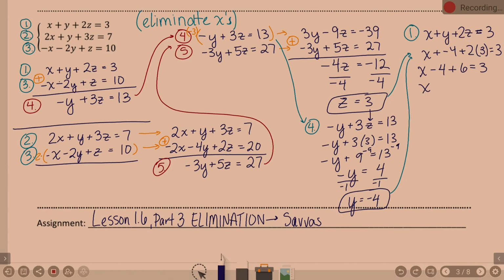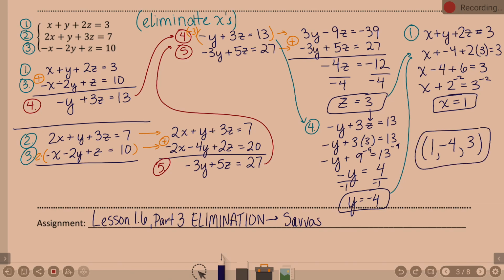Minus 4 plus 6 is going to be plus 2. So x plus 2 equals 3. And then subtract 2, and x is 1. Final answer. 1, negative 4, 3. Ordered triple, alphabetical order, X, Y, Z. Okay?